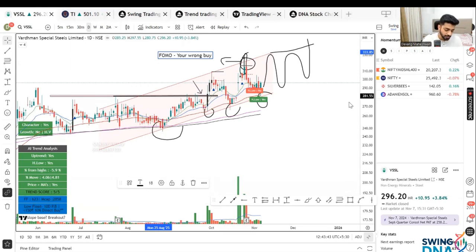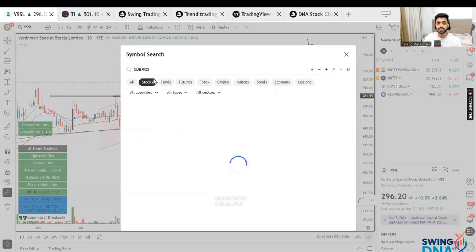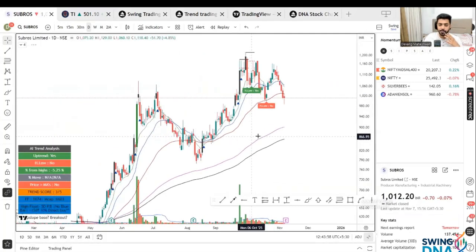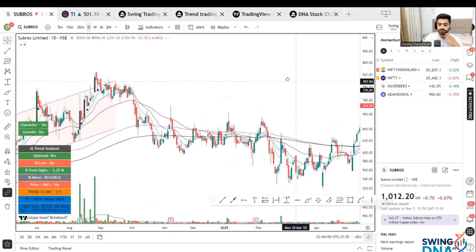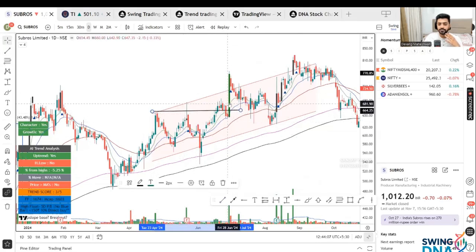Let's see some more examples I have, or is this fine? Subros. These are recent ones, like VSSL and the 3-4 we have discussed. Now look at this. It's a sloppy base. Tried, failed.